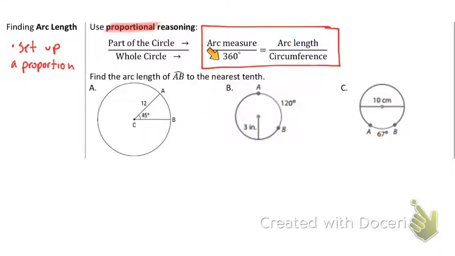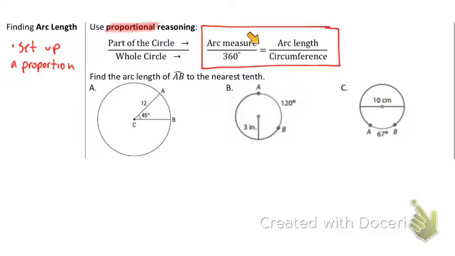An entire circle all the way around in degrees is 360. On top of this fraction, we put the arc measure that we're trying to find the distance of.